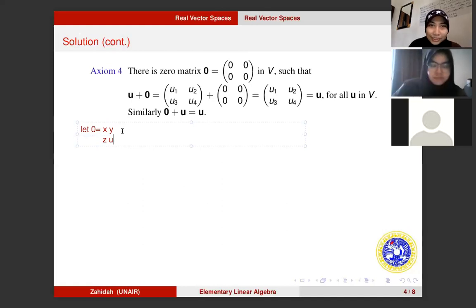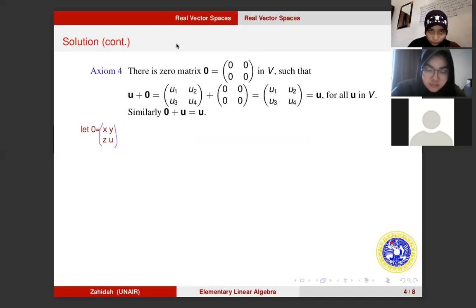This is our matrix, our candidate for our zero vector.